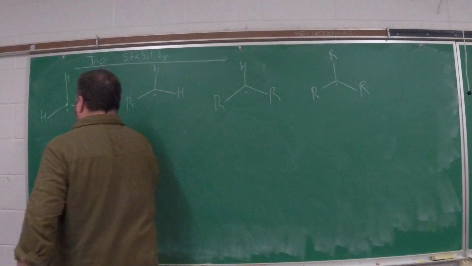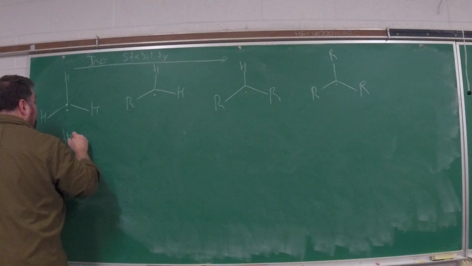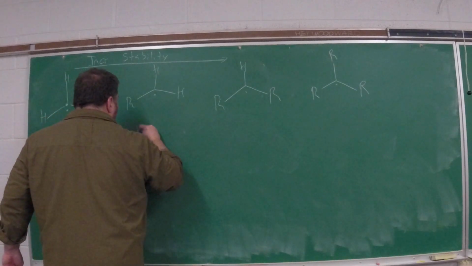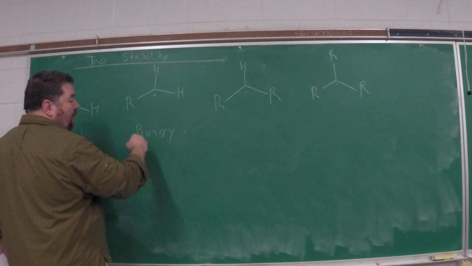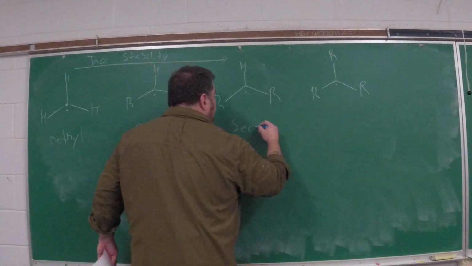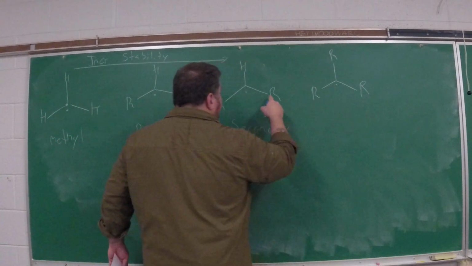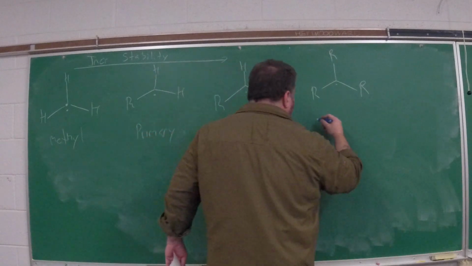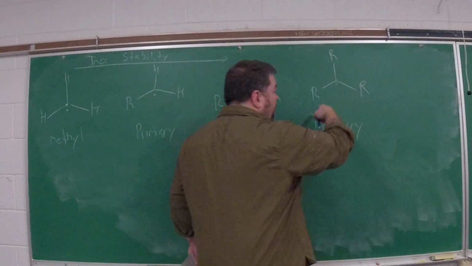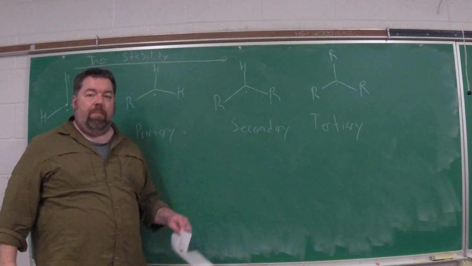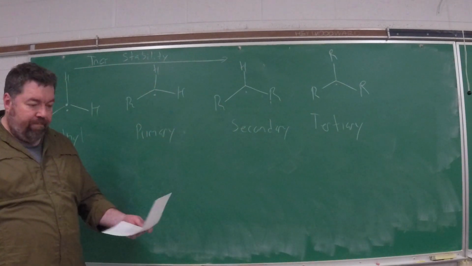So again, methyl, primary, connected to one other carbon, secondary, connected to two other carbon atoms. And then we have tertiary, connected to three other carbon atoms. Again, increasing stability as we go across.